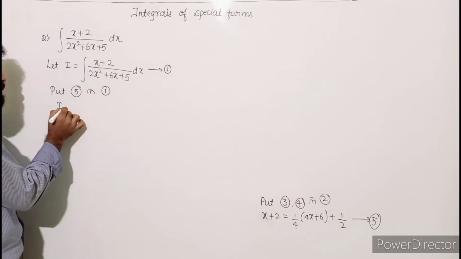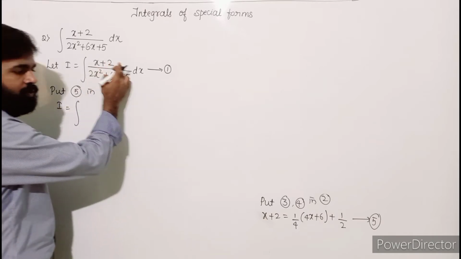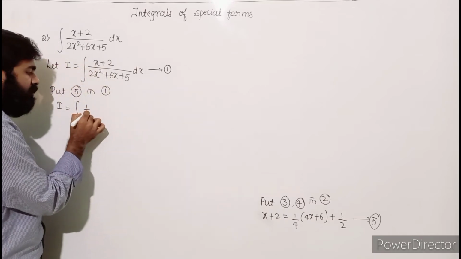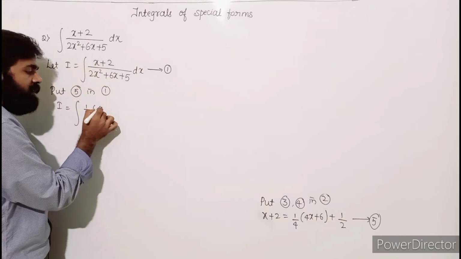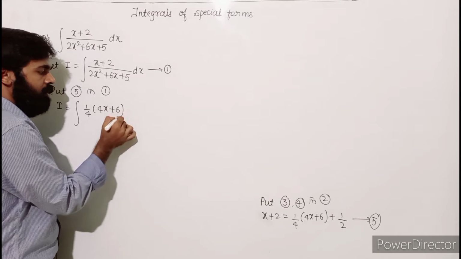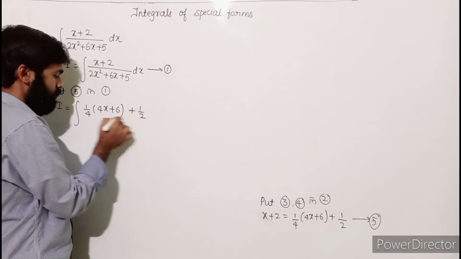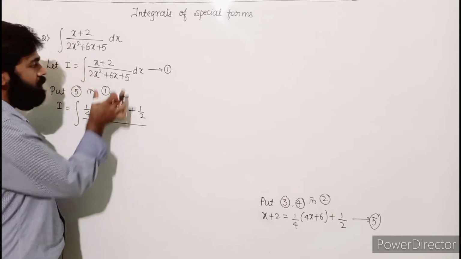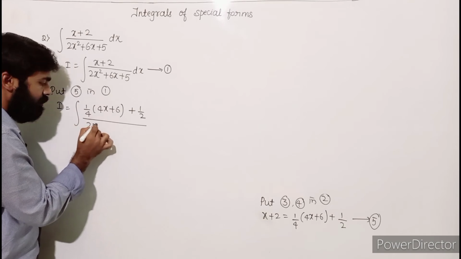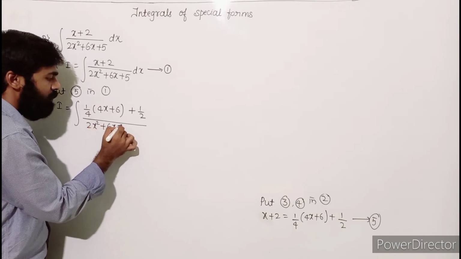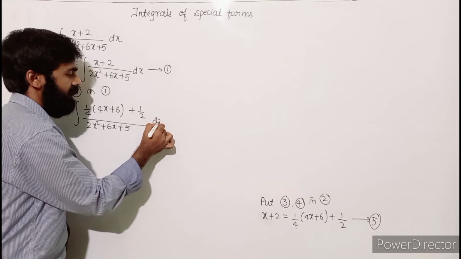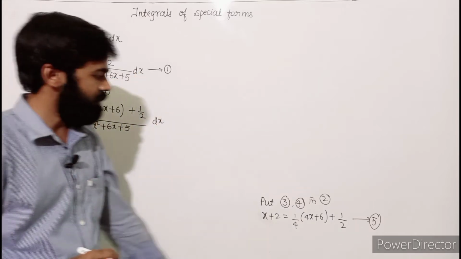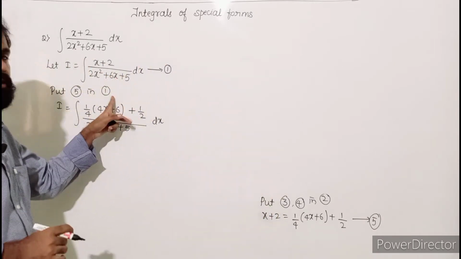I equals integration of x plus 2, which is nothing but 1 by 4 into 4x plus 6 plus 1 by 2, whole divided by 2x square plus 6x plus 5 dx. Right, I have substituted the value of x plus 2 as this.